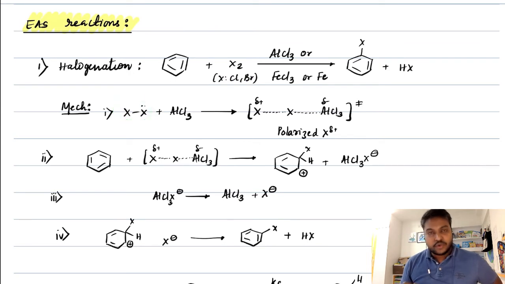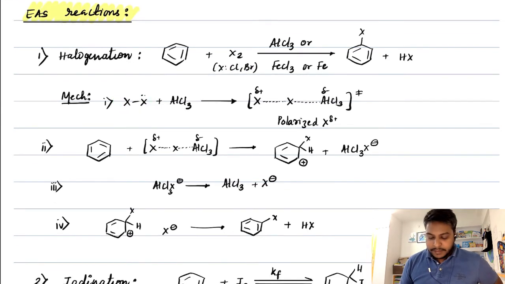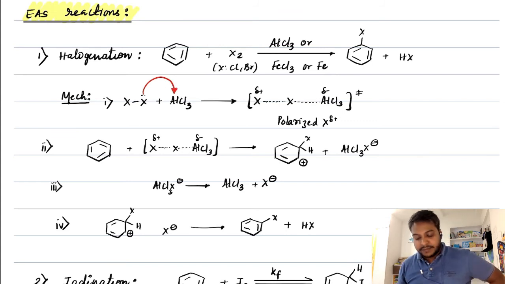This halogen has no charge initially, and the minute it starts interacting with AlCl3, because AlCl3 has an empty orbital, the lone pair on this halide will be pushed more towards AlCl3, and because of which it will try to pull the electrons from the next halogen present.